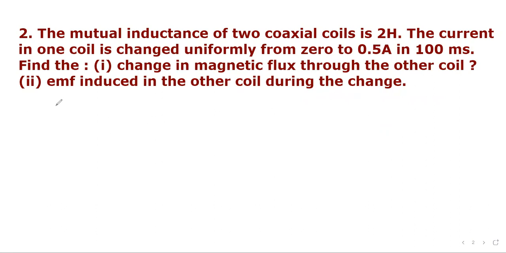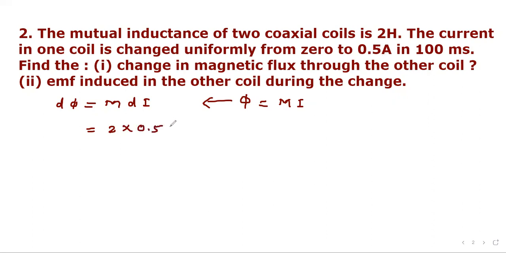So d phi is M dI. This is from the fact phi equal to M I. We write the change. So we get d phi equal to M dI. So we put the value of M is 2 and I changes from 0 to 0.5.